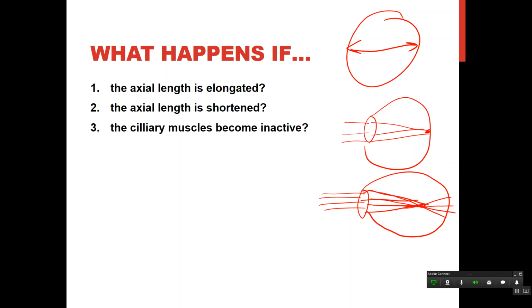Ciliary muscles, I'll remind you, are the things that stretch and relax your lens. Your lens, not your eyeball. What do you think might happen? So now you have a lens issue and you're not able to focus the light where it's supposed to be. So these are three very common visual impairments.